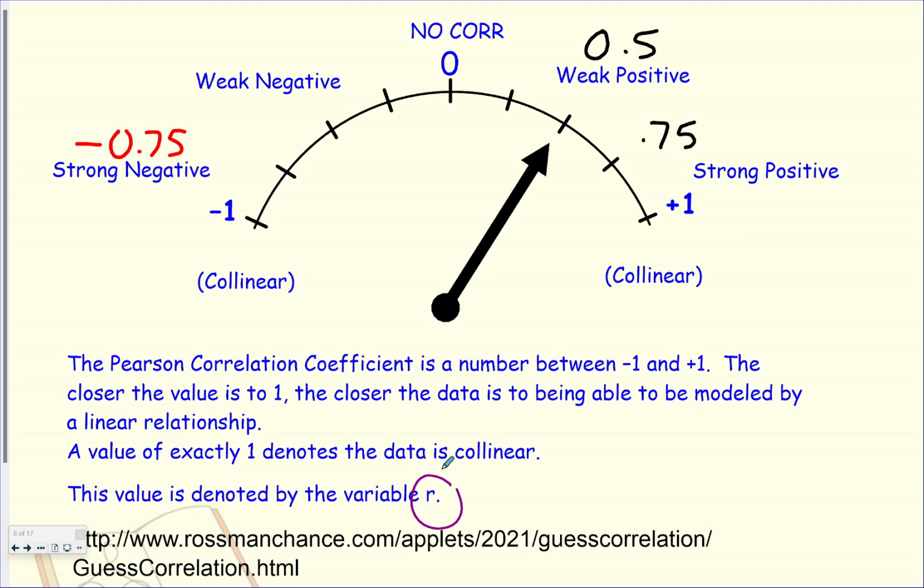Just like how n always represents sample size, x-bar is always the mean, x is your data, s is always standard deviation, R is correlation, and shall forever be known as that.